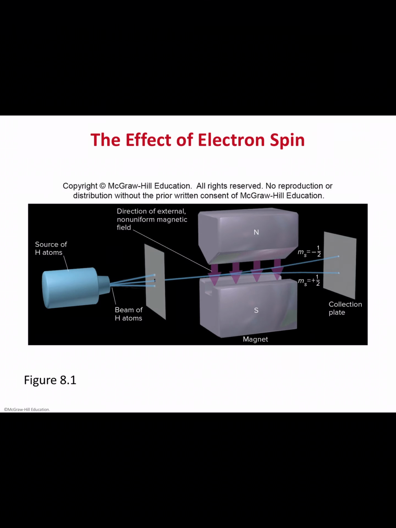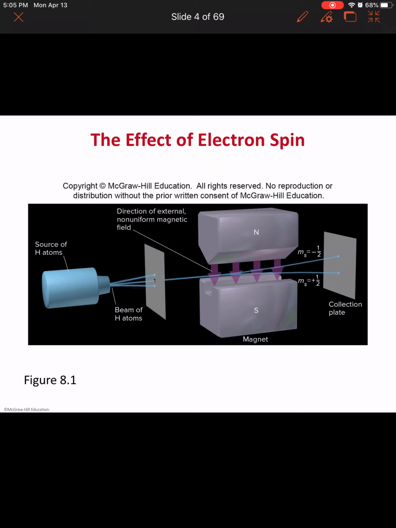So in this example, the diagram shows us the effect of electron spin. So you have a beam of hydrogen atoms. Okay, and when the beam of hydrogen atoms passes through a non-uniform magnetic field, it splits into 2 beams. You can see it splits into 2 beams.